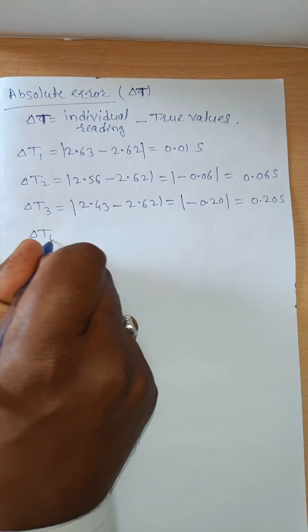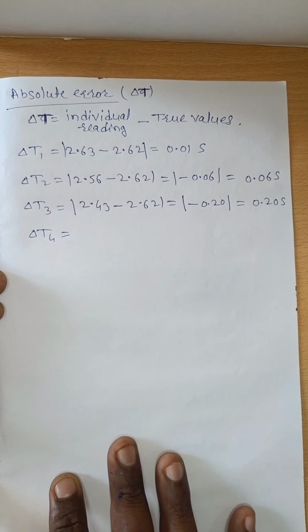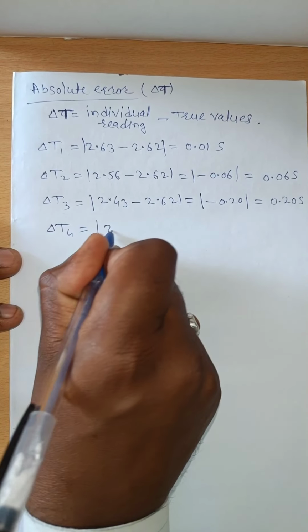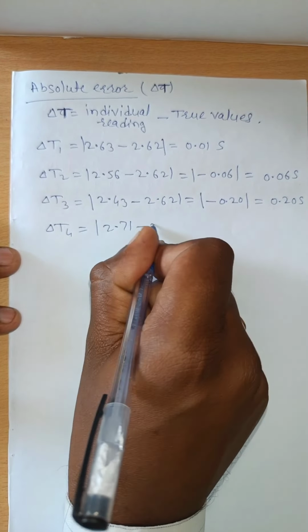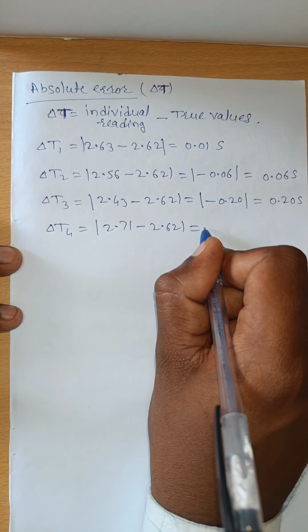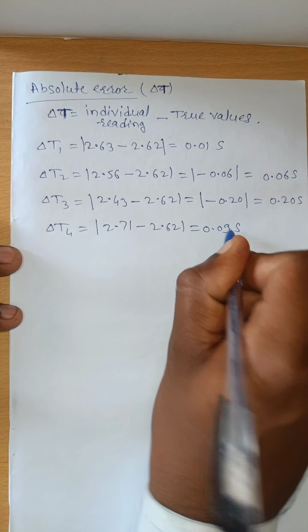Now delta T4 is the mod of the fourth individual reading, 2.71, minus 2.62, which is 0.09 seconds.